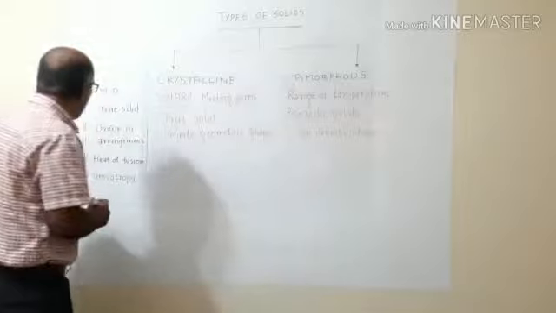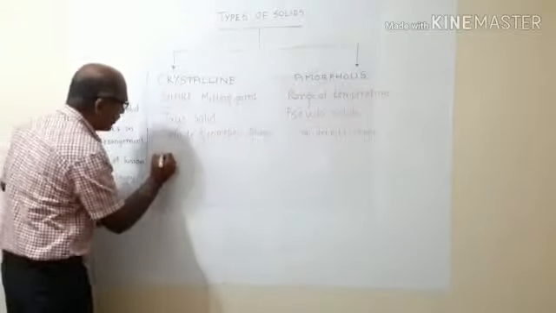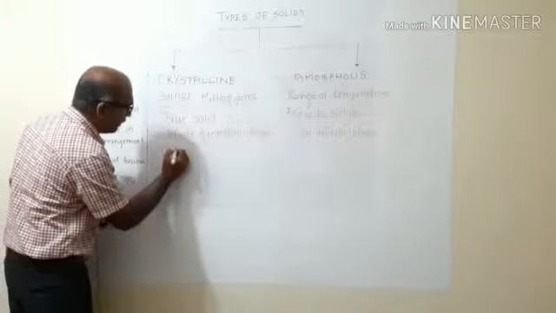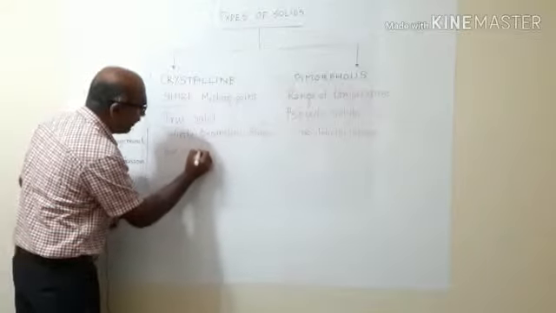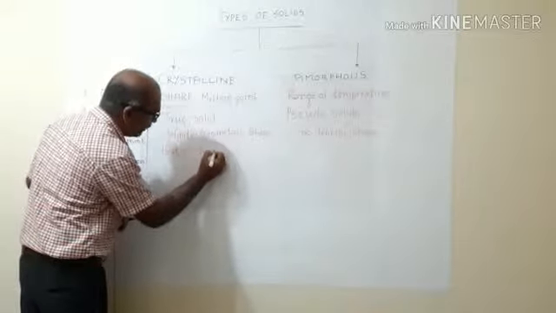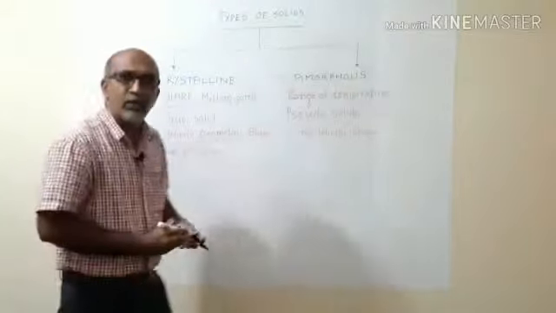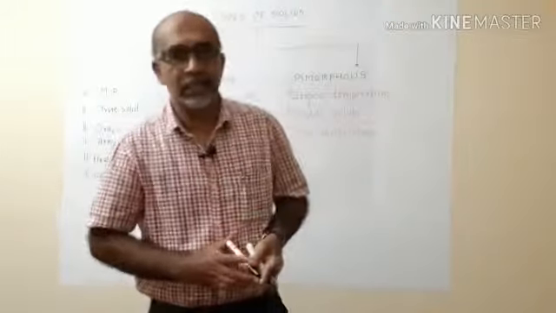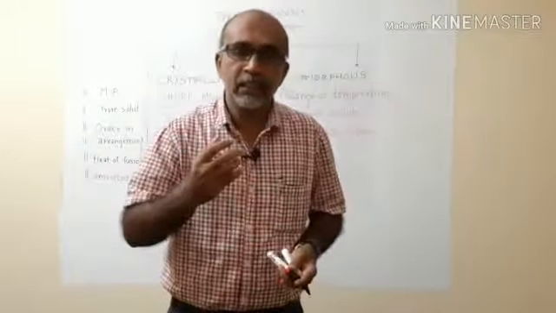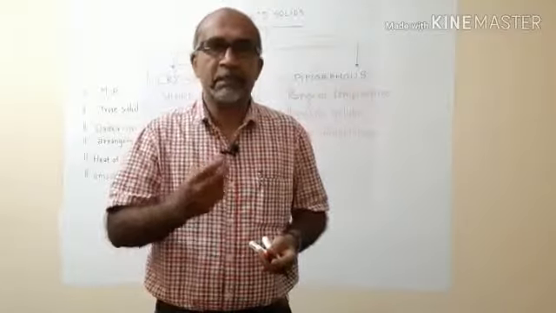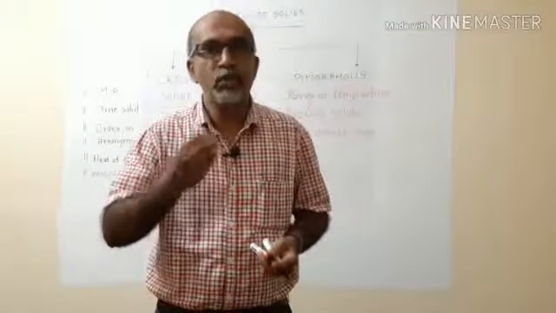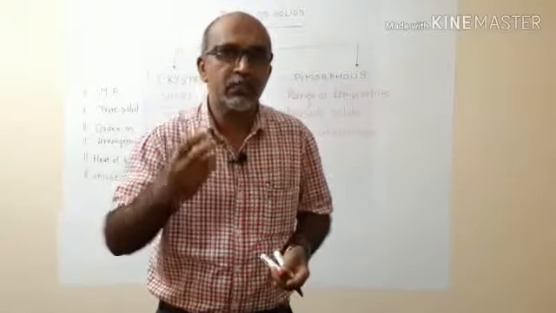The next very important character is the heat of fusion of both of these solids. What is heat of fusion? Heat of fusion is the energy needed to melt a unit mass of a solid.